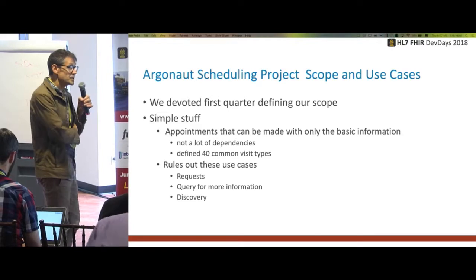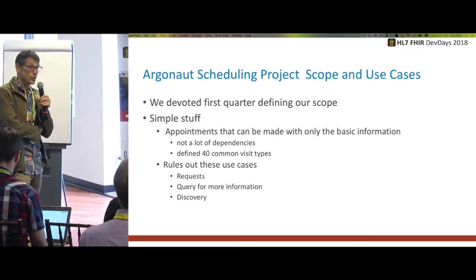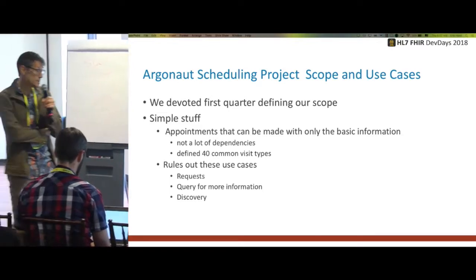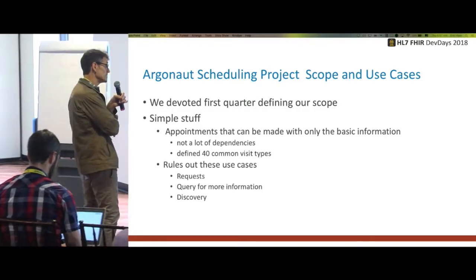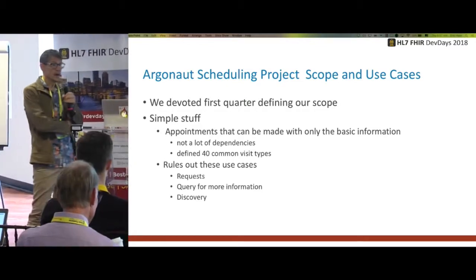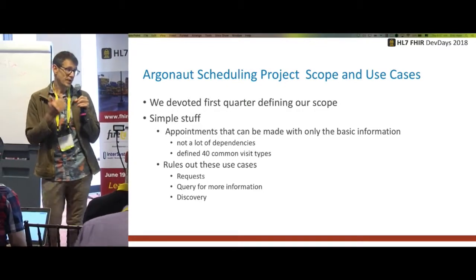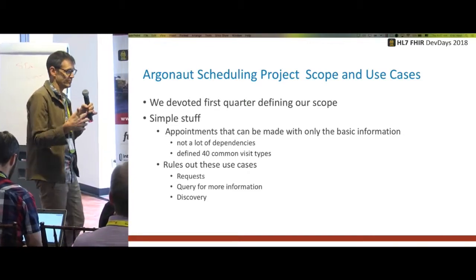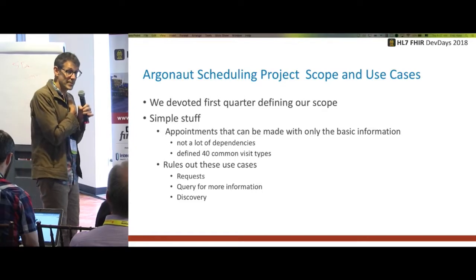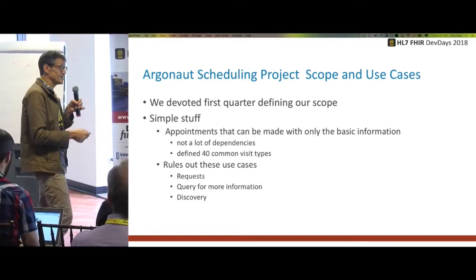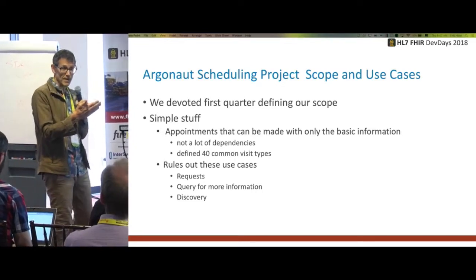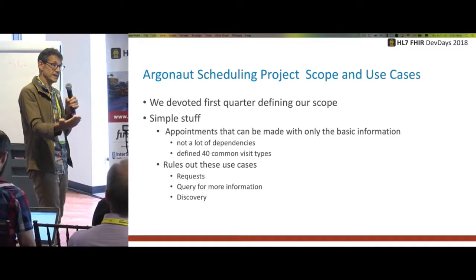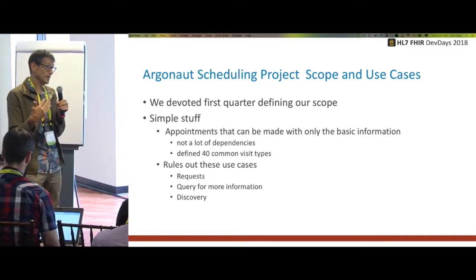And so by doing this, we ruled out a lot of important use cases that people have asked for and still ask for. One of them is an appointment request, where you say, can you make this appointment? For example, I fell off a bike, broke my clavicle, and they made an appointment for me to get my shoulder repaired surgically. You just can't go into ZocDoc and say I want my shoulder surgery done next Tuesday, and in real time it returns an appointment.